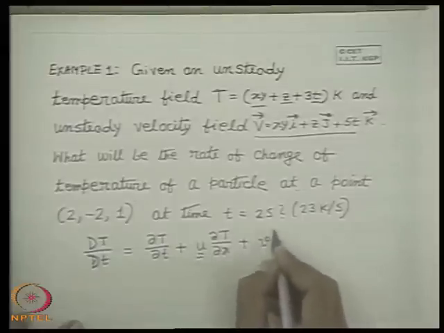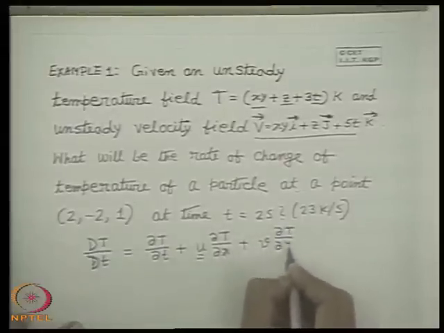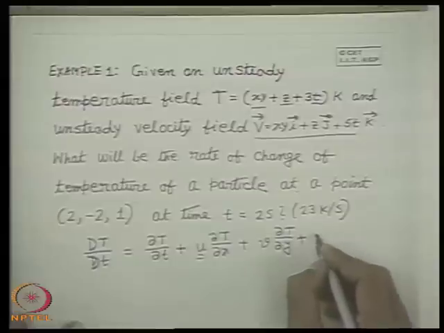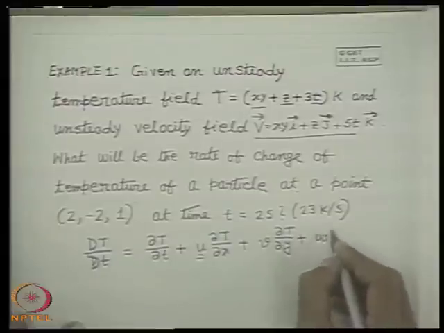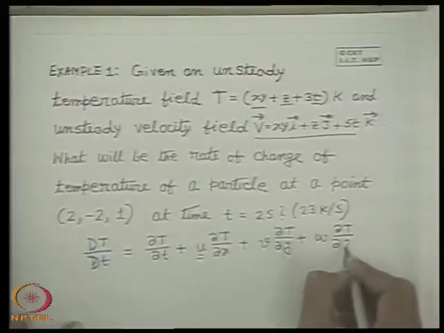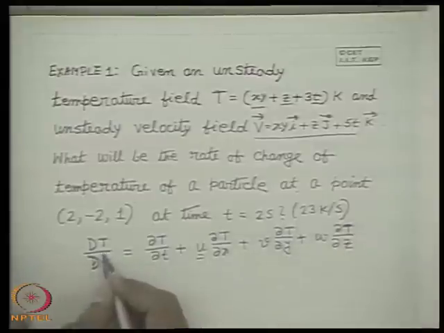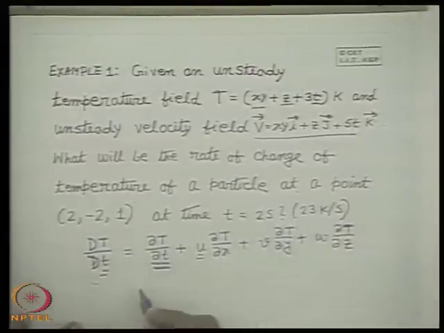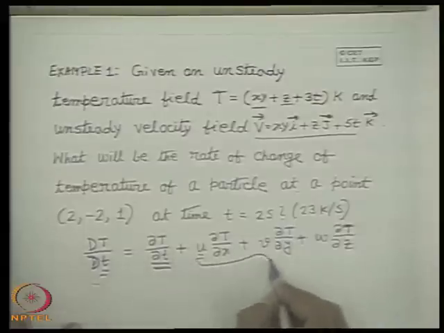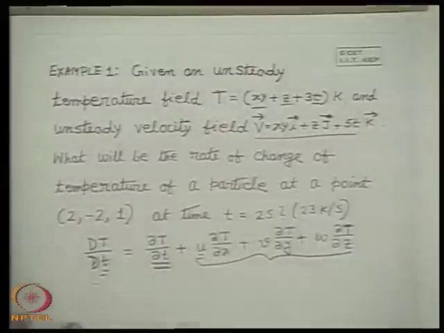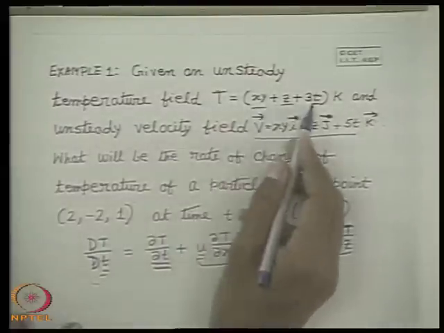The way we derived it, if we recall, the change of any property in a flow which is convected in a flow field, need not be velocity only, it may be temperature. So its total change with time will be its temporal change and the convective derivative. So a straightforward application.